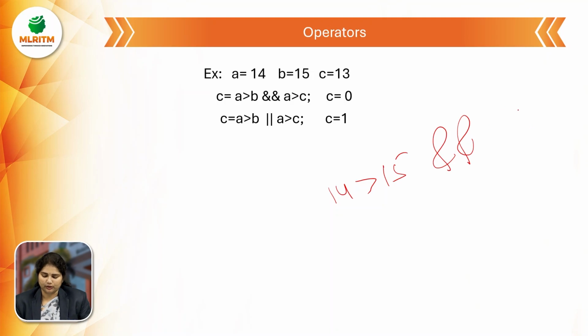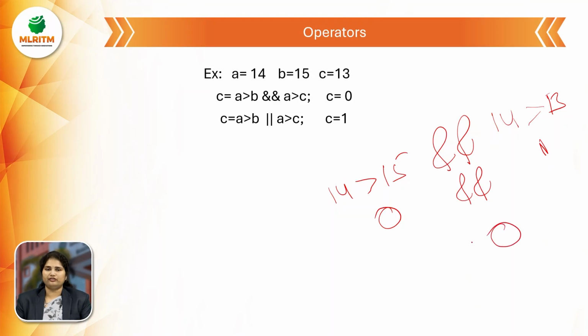A is 14, greater than 13. Here 14 greater than 15 is a false condition. Here 14 greater than 13 is a true condition. If either one condition is false, then the result is false. So we will get the output c equal to 0.